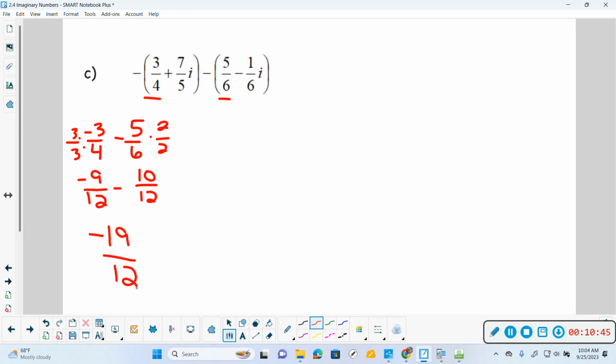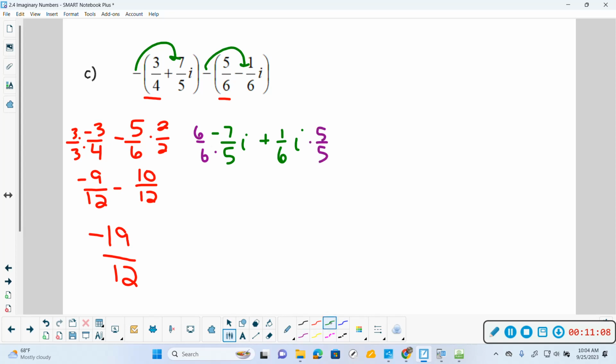Could you have done that in your calculator? Yeah? No? Okay, let's do the imaginaries. Don't forget the negative applies to this, so negative 7/5 i minus negative 1/6. What's your common denominator for 5 and 6? 30. So I'm going to multiply by 6, and multiply this by 5.